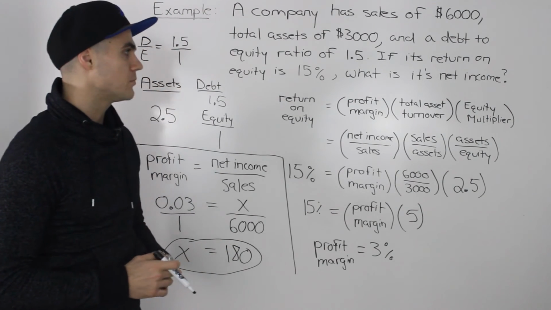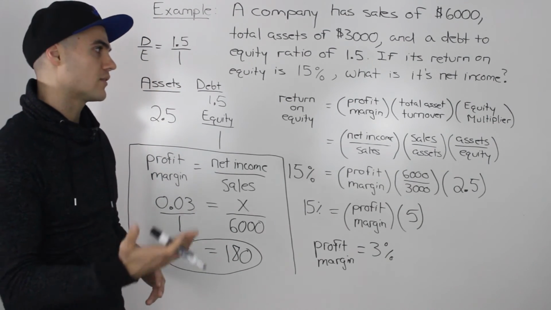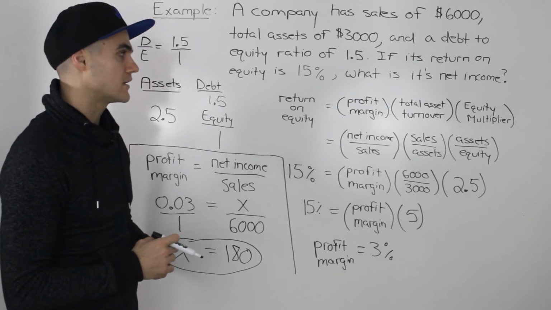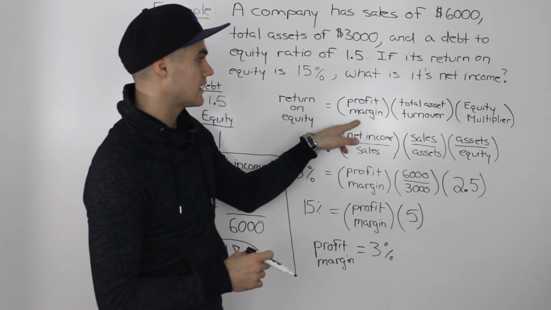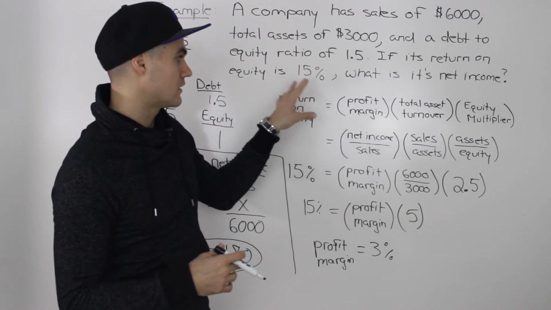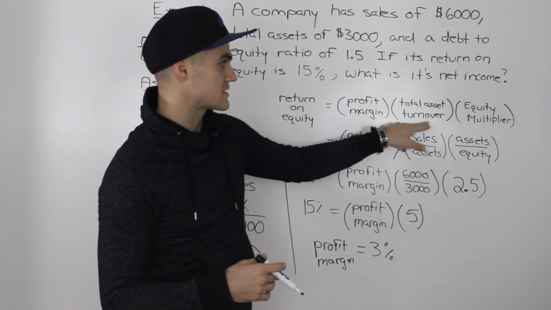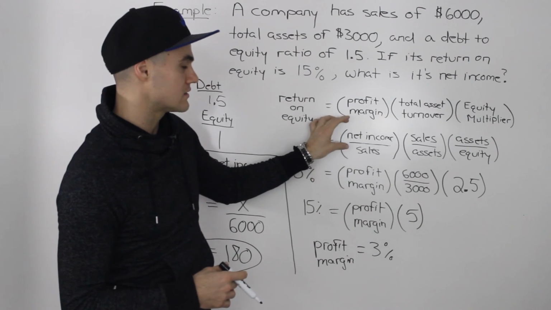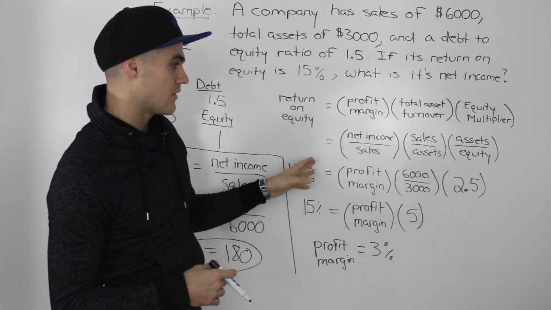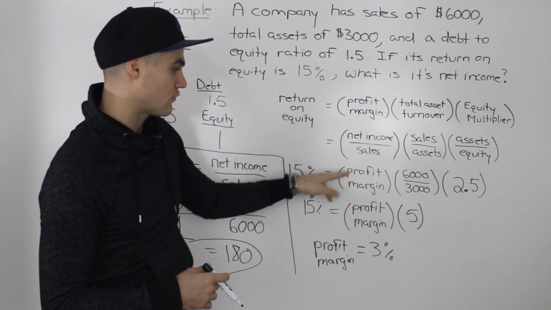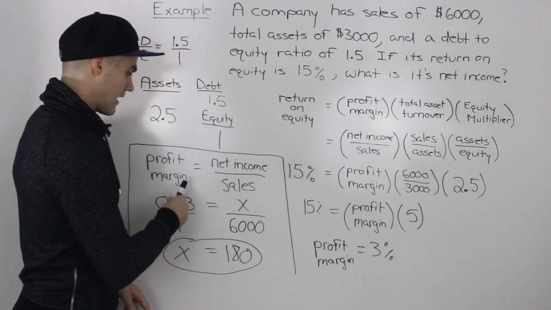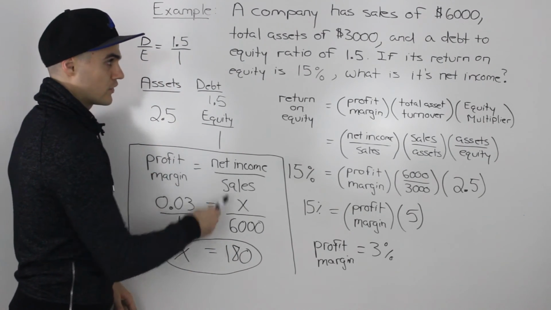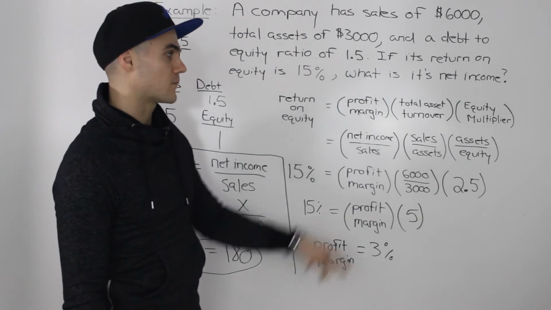So a more complex question or example than the one we did before with the Dupont identity. Instead of just keeping it on this high level view of profit margin, total asset turnover, equity multiplier, we had to actually bring in the technical ratios and then do a little bit of manipulation, solve for profit margin, and then take the profit margin and solve for net income, which is what we were asked for.